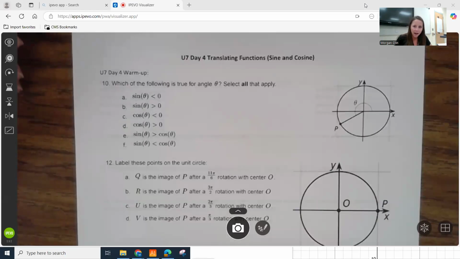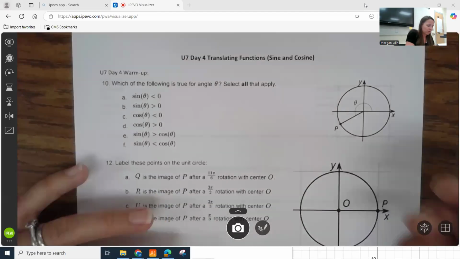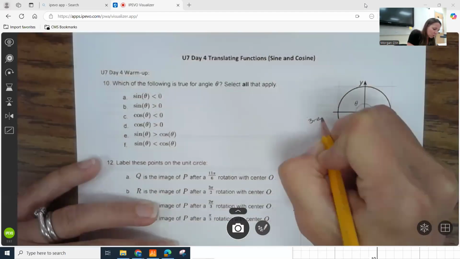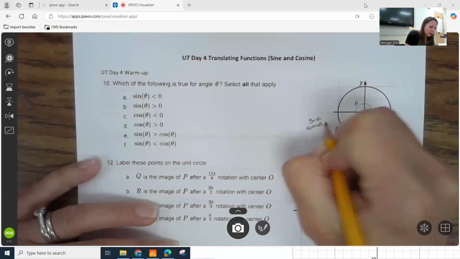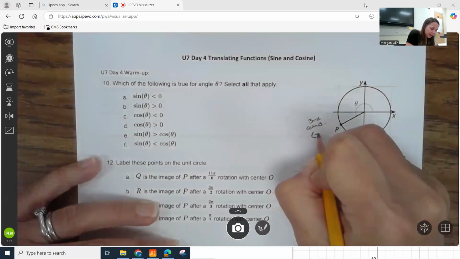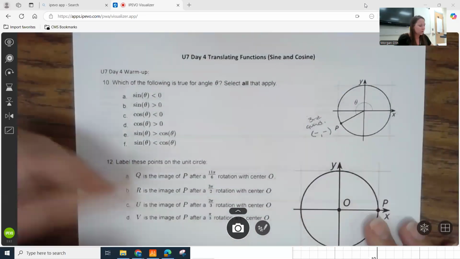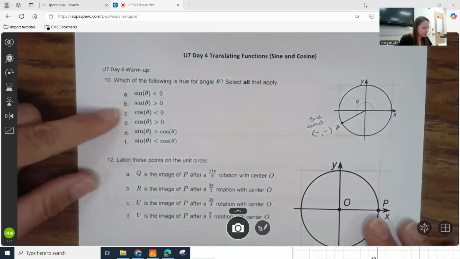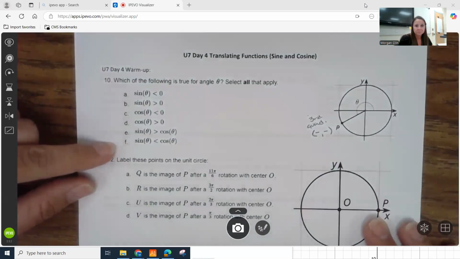Select all that apply. All right, so let's think about where theta is. Which quadrant is it in? It's in the third quadrant. What happens in the third quadrant? Both x and y are negative. This is talking about cosine and sine.